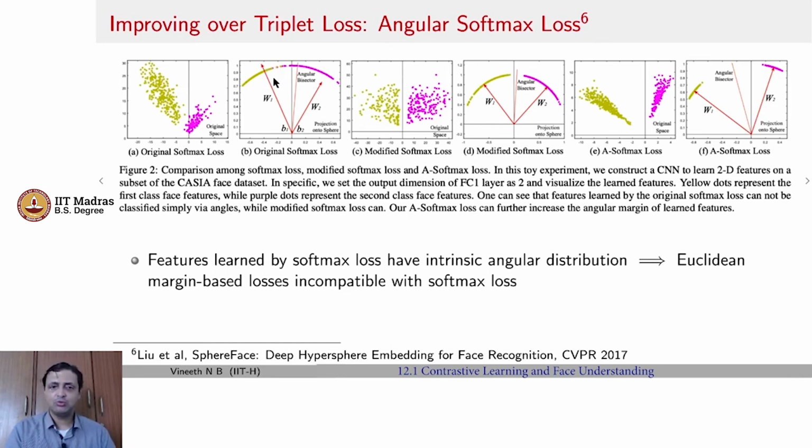This could be improved by using a modified softmax loss where you normalize your weight vectors before obtaining these embeddings. We will see the formal definition soon. And this particular work proposes an angular softmax where you enhance the distinction between the positive class embeddings and the negative class embeddings, so that then you could use a cosine distance metric to effectively separate the identities or get similarity between the identities.